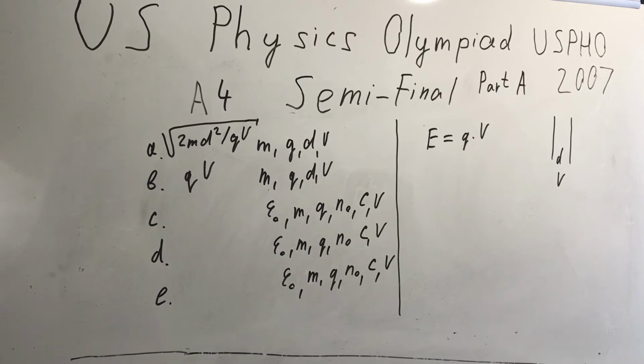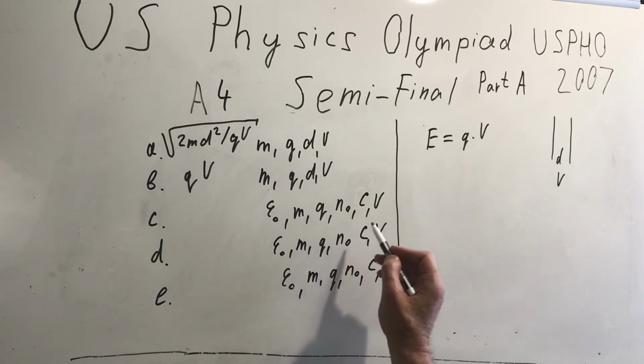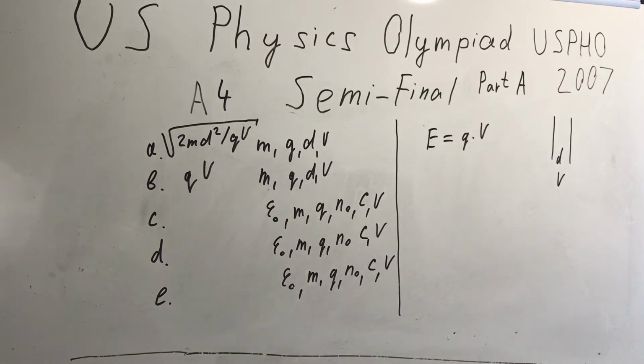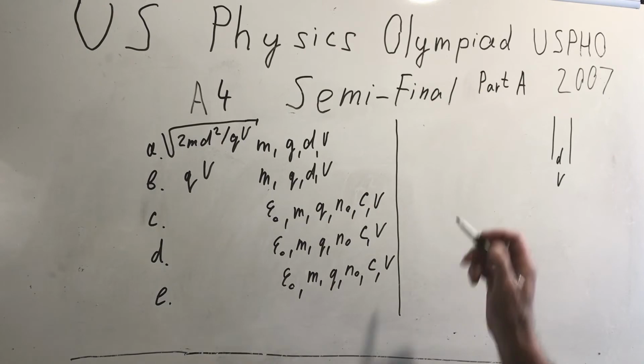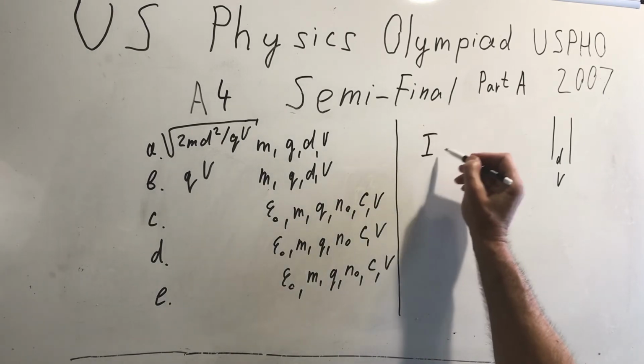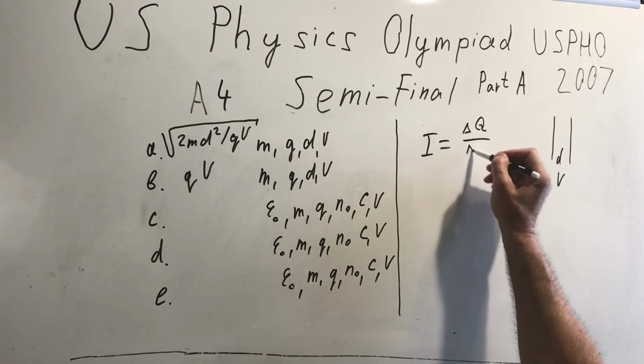Next question is C. Derive an expression for the current between the plates in terms of the permittivity epsilon 0 and any of the following variables: m, q, n0, C, V. To find the current, we just use the expression that current equals delta q over delta t.